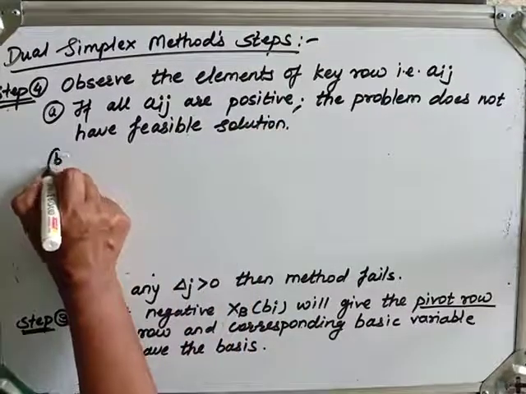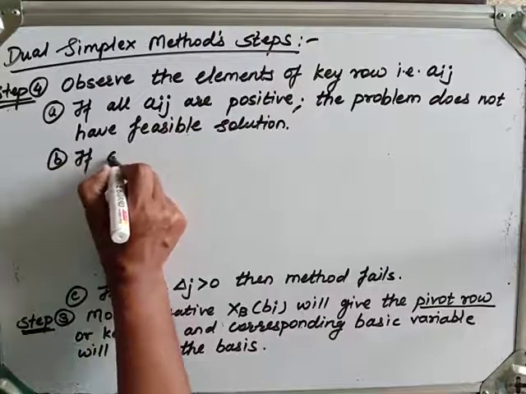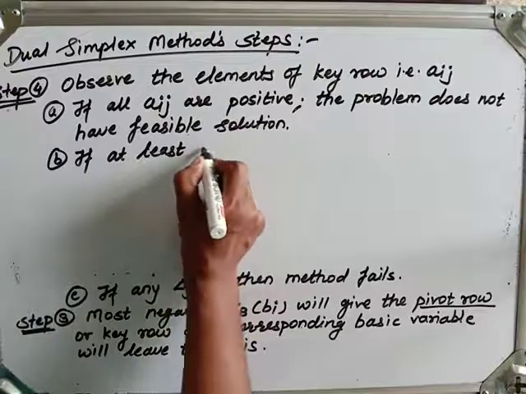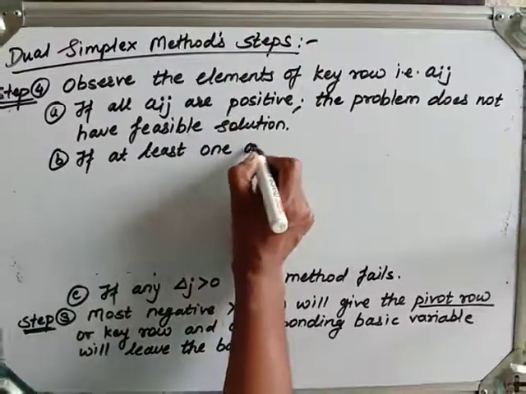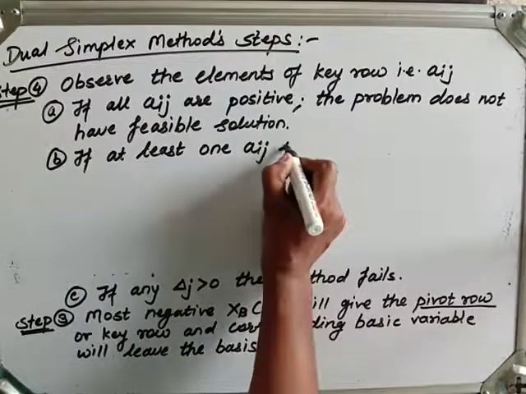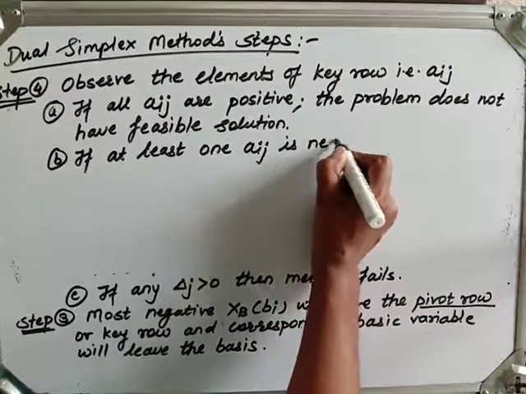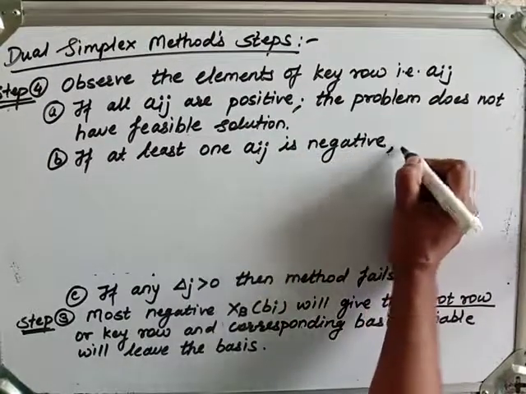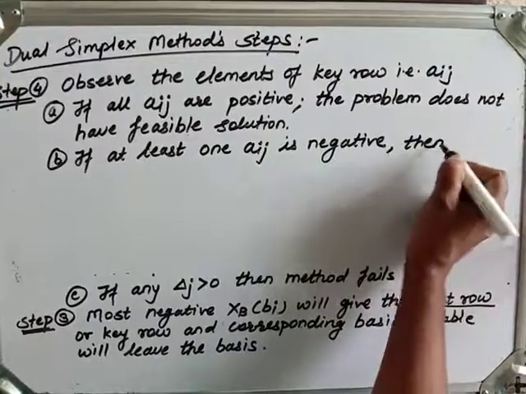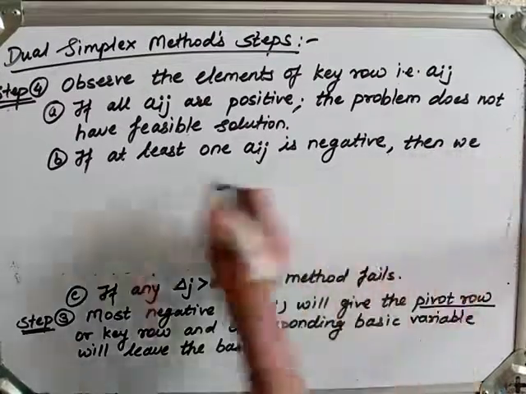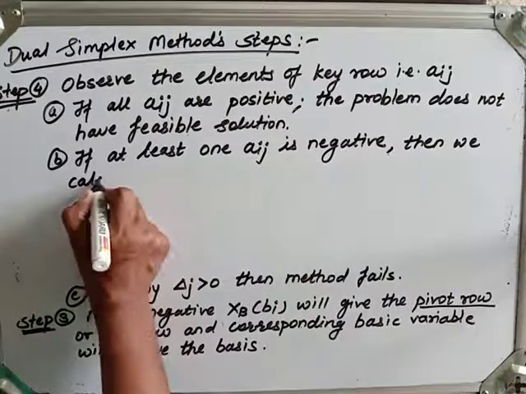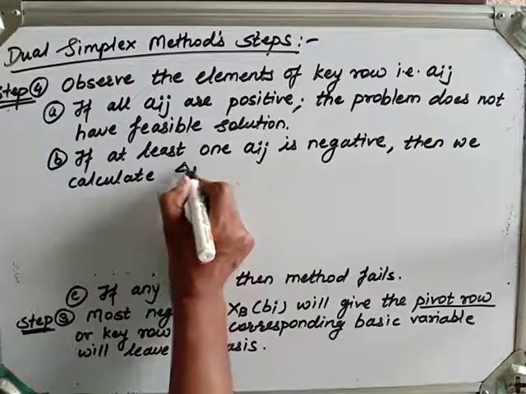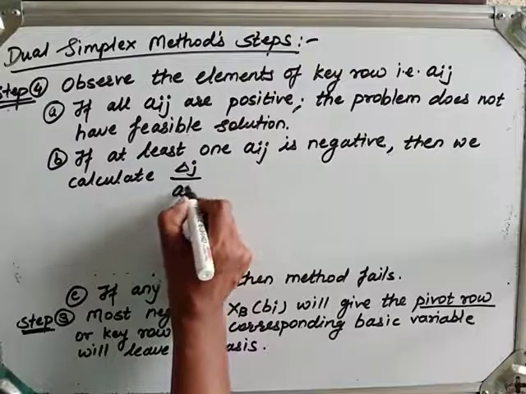Second thing: if at least one Aij is negative, then we calculate del j upon Aij.